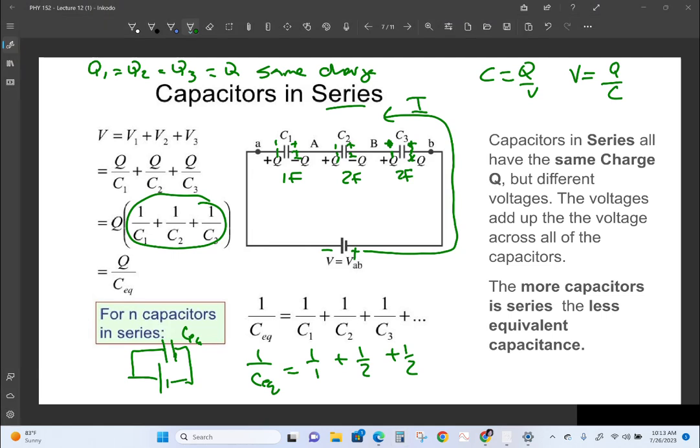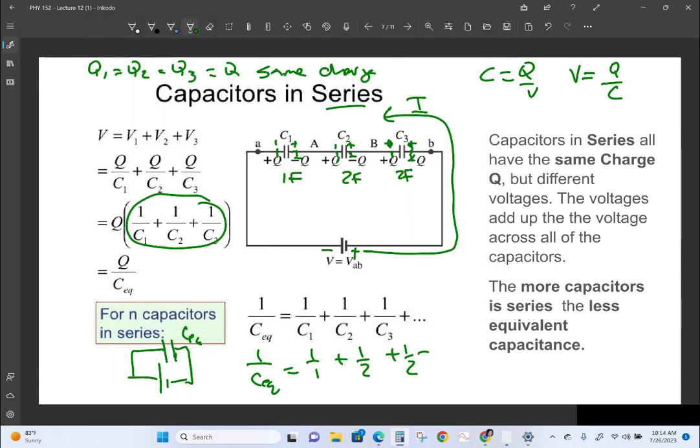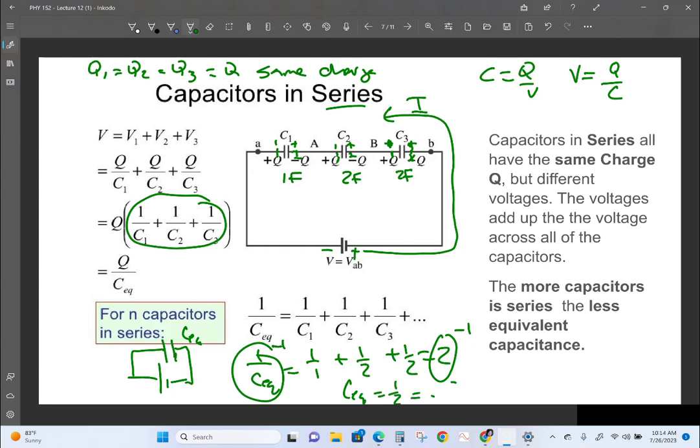I could put this in my calculator: 1 over 1 is 1, plus 1 over 2 is 0.5, plus 1 over 2 is 0.5, equals 2. If I want to find CEQ, then I need to take the inverse of both sides. So CEQ would be the inverse of 2, or 1 over 2, or 0.5 farads.